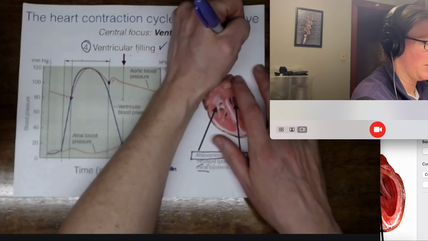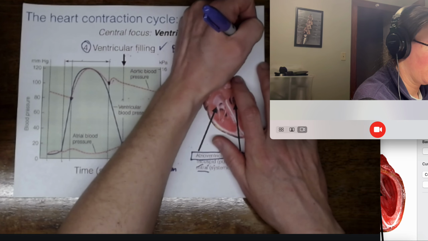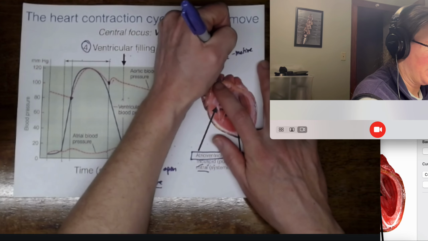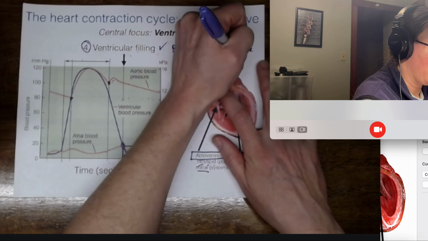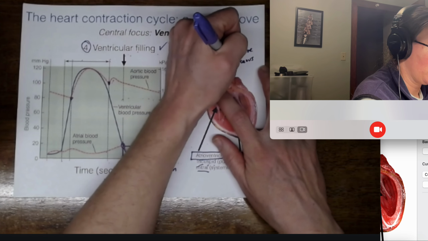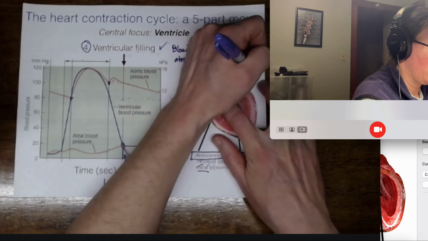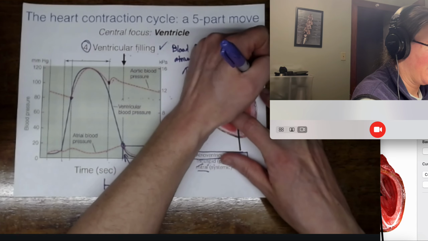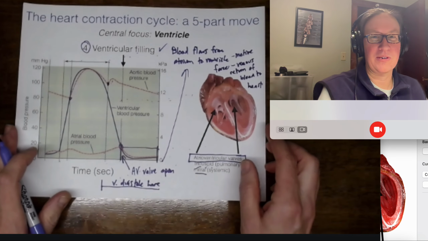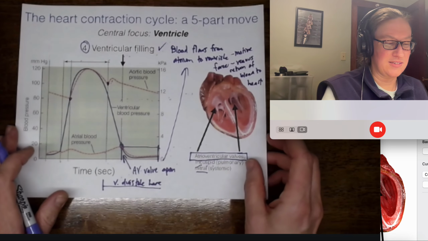So let's just note that our motive force, our force for movement, is largely venous return of blood to the heart. And I'm pointing that out because of what we're going to observe in the next stage.